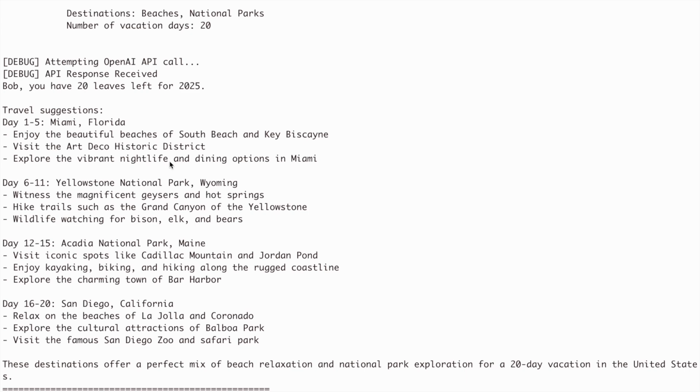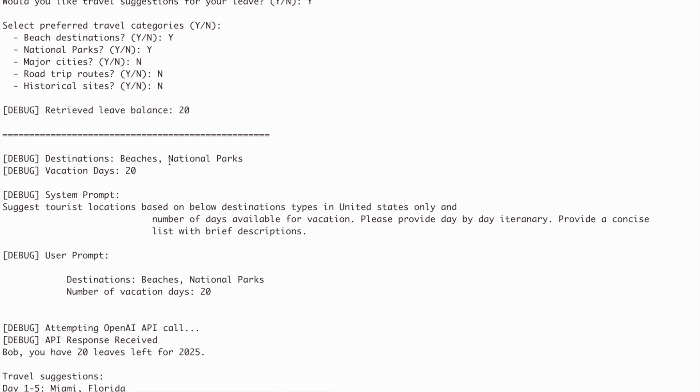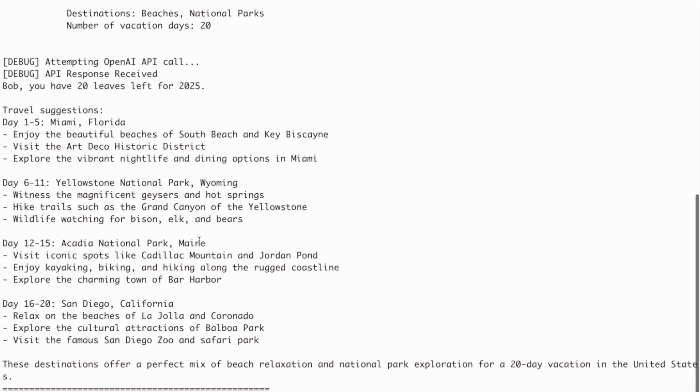If you see, it is also showing that the vacation days available to me are 20 days, and the destinations I preferred were beaches and national parks. Based on that, it is suggesting me travel suggestions, and it is also suggesting day by day. That is from first day to fifth day, Miami, Florida, 6th day to 11th day, Yellowstone National Park, then from 12th to 15th, Acadia National Park, and then 16 to 20, San Diego, California.